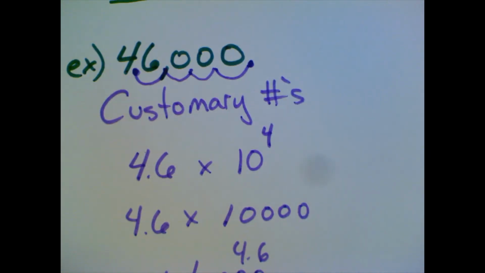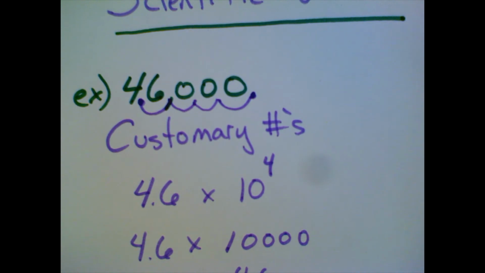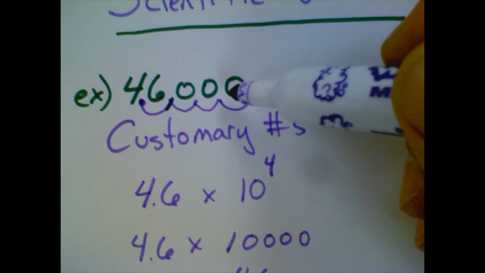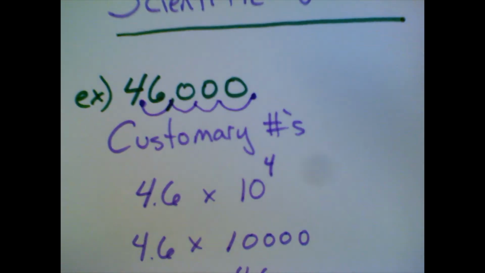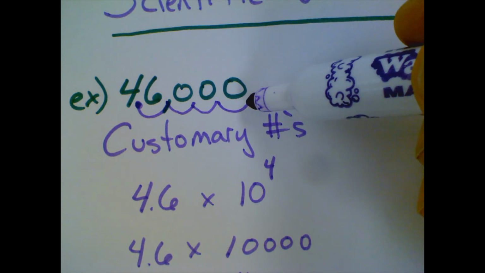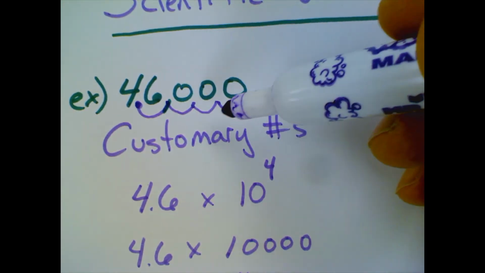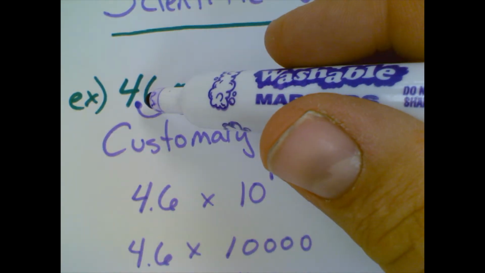So let me just kind of backtrack and summarize. So to write a number, we'll talk big numbers first, and then we'll talk little numbers next. Big numbers, I mean numbers that are bigger than 1. You want to move the decimal point, typically it'll be to the left, until you get a number between 1 and 10.